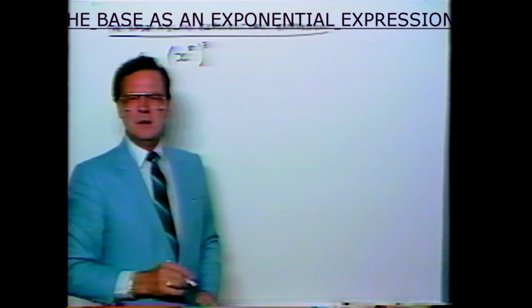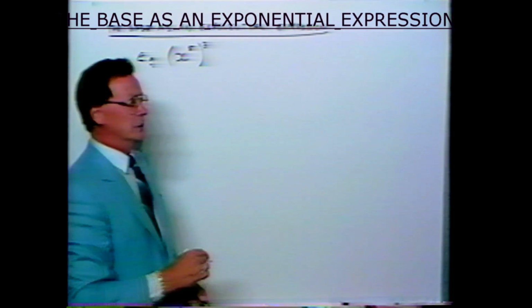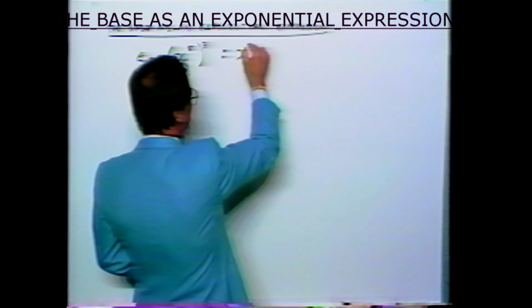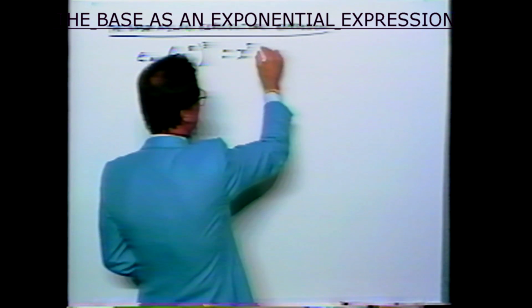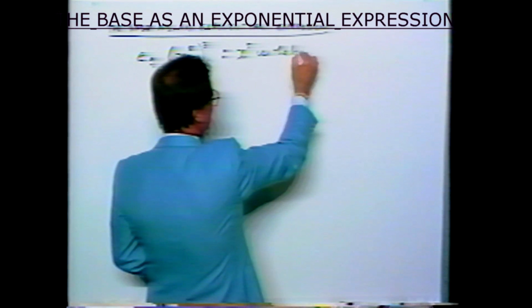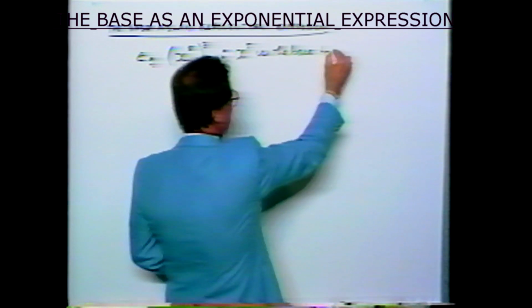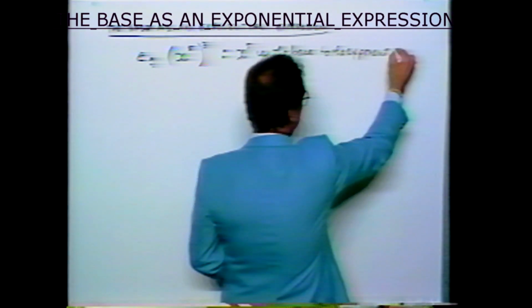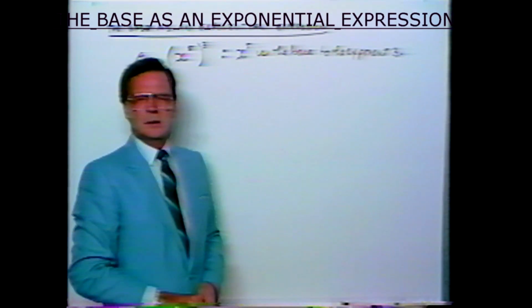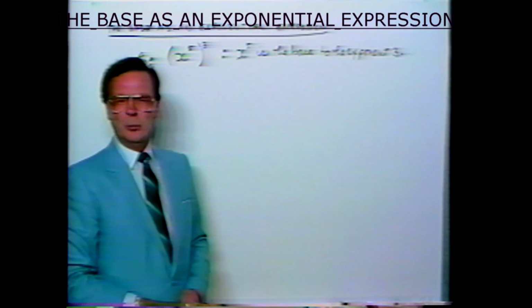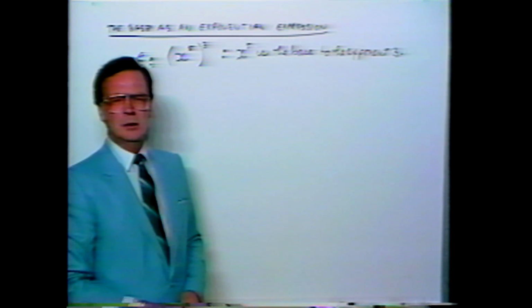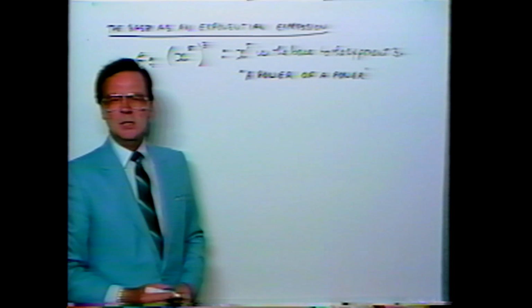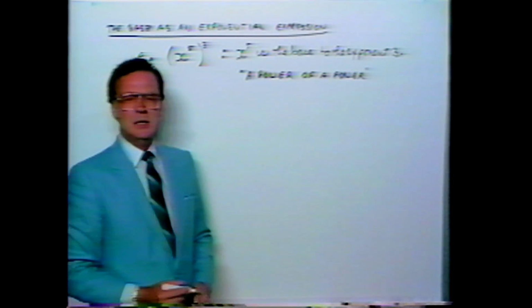Now, x to the 5th is the base to the exponent 3. This expression is often appropriately referred to as a power of a power.